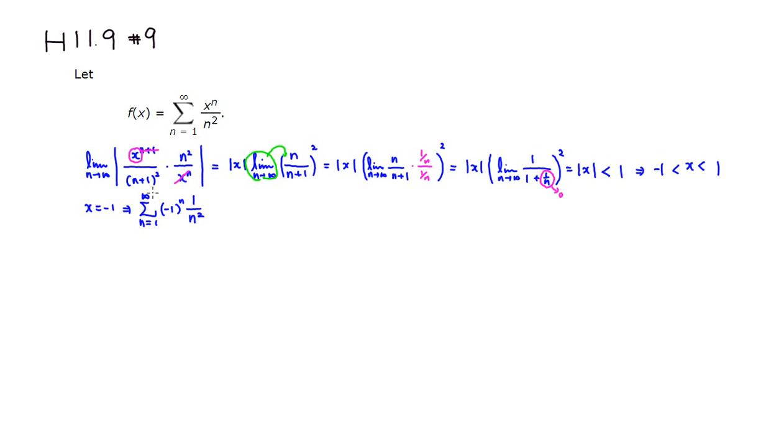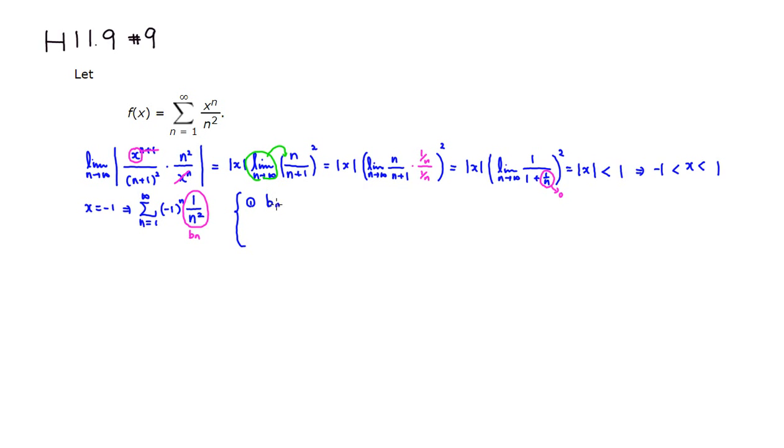So you can see that this is going to be an alternating series, and this right here is our b_n. You can easily check a couple of things for an alternating series. Number one, we have to show that b_n is decreasing.